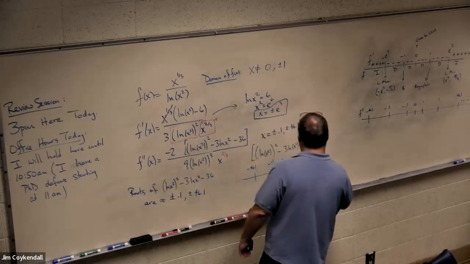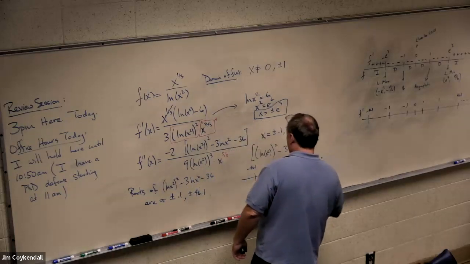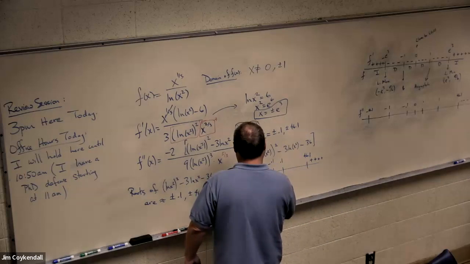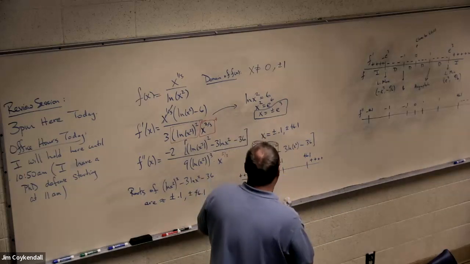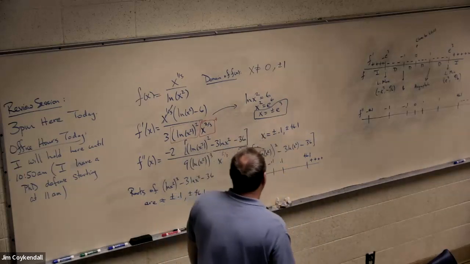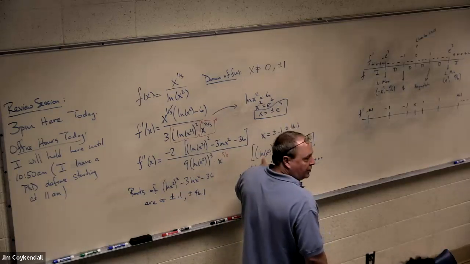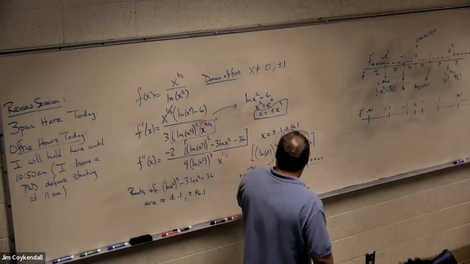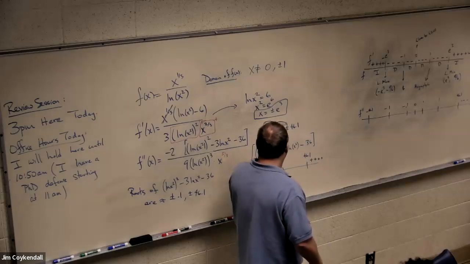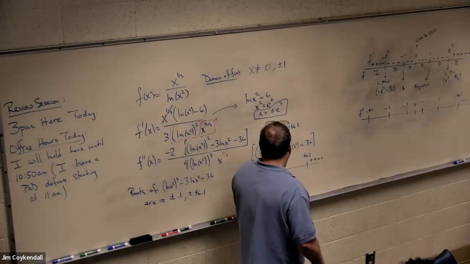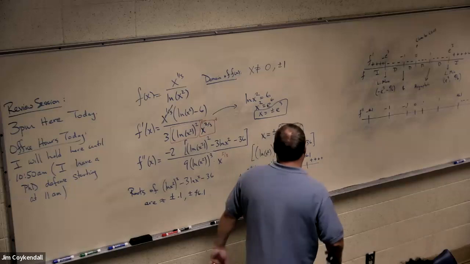It is positive over here, positive over here, for a very long time. What happens when you're close to 0? Well, when you're close to 0, this is huge, and then you're squaring. This is huge.